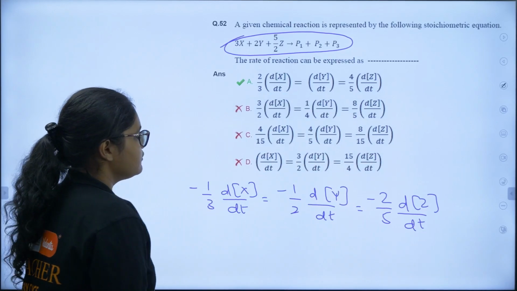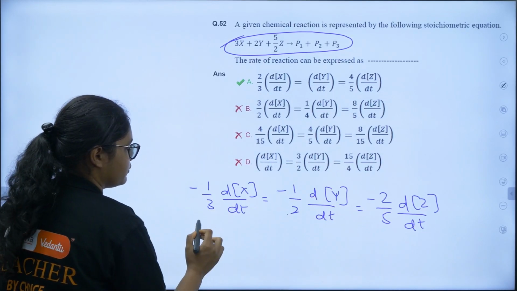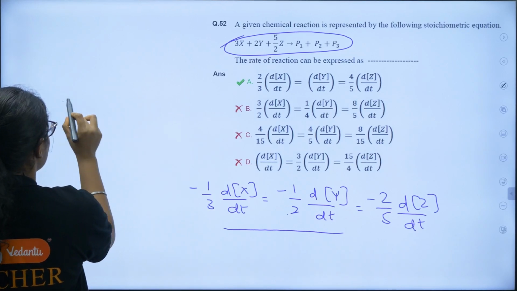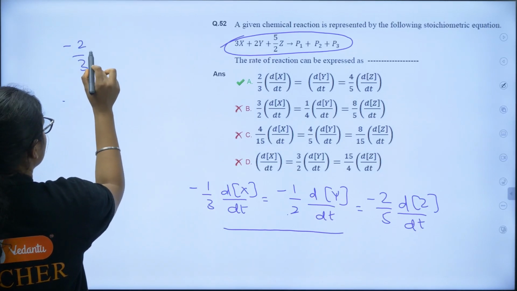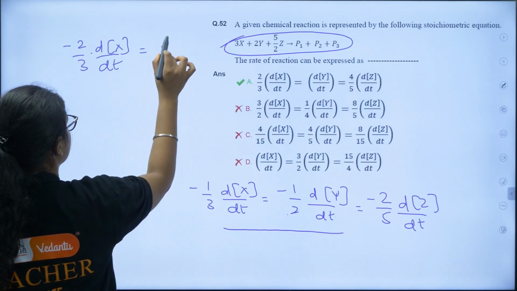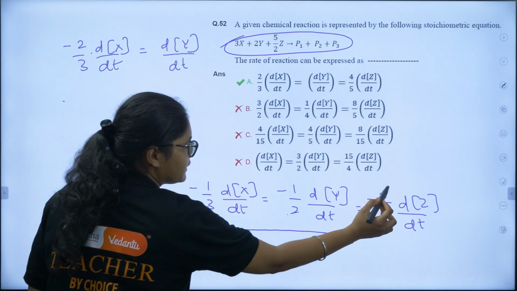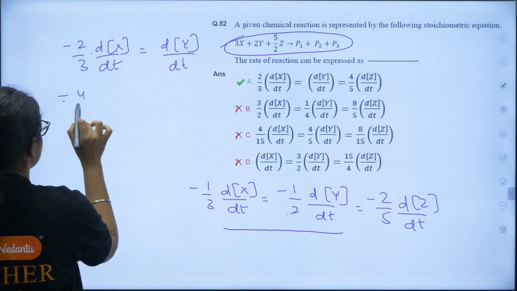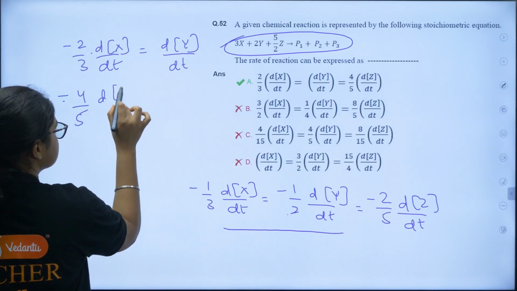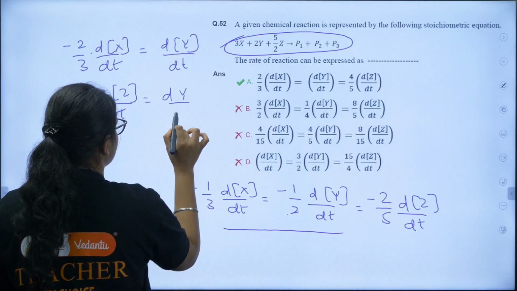Taking the first two equations, I can write minus 2/3 dx by dt is equal to dy by dt. For another equation, if I multiply 2 to this side, then I can write minus 4/5 dz by dt is equal to dy by dt.